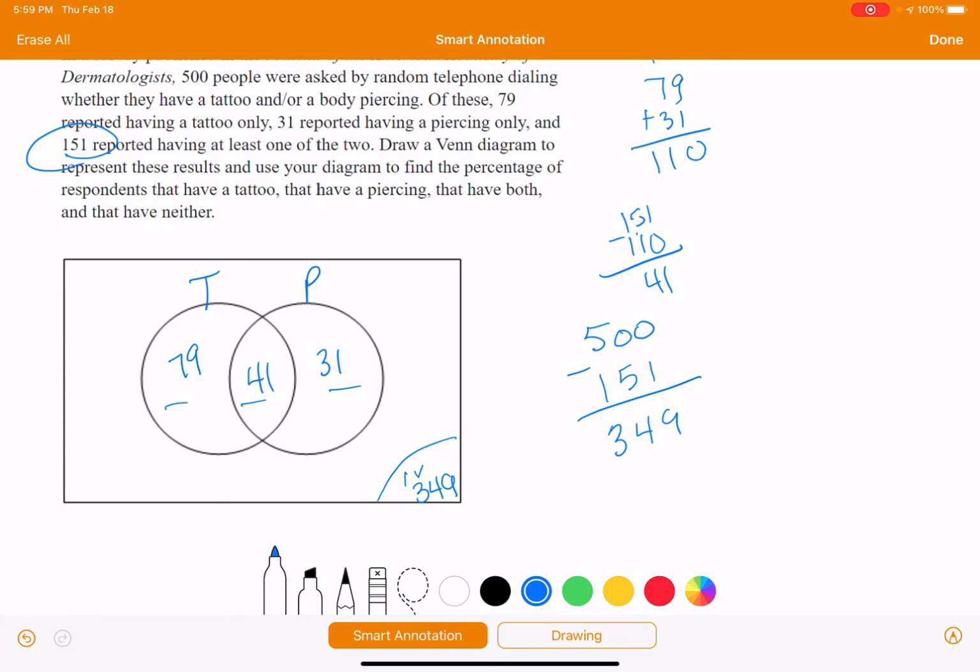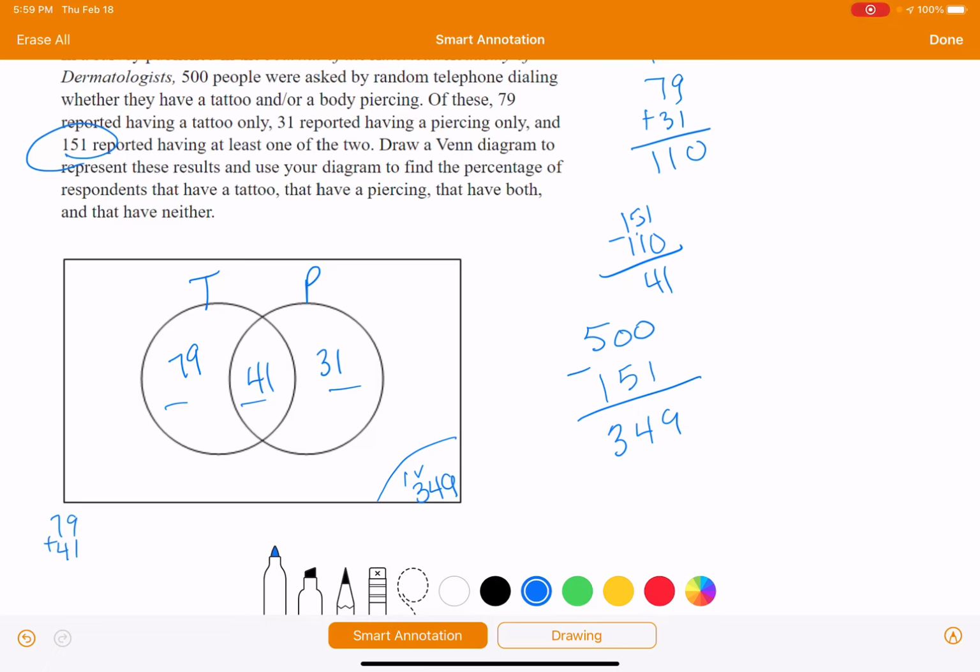All right. Now that I got all my numbers filled in, it says to find the percentage of the respondents that have a tattoo. So percentage, that means I'm going to have to do a little extra math here. Tattoo people are 79 plus 41. Remember, tattoo is the whole circle. Tattoo only is 79.